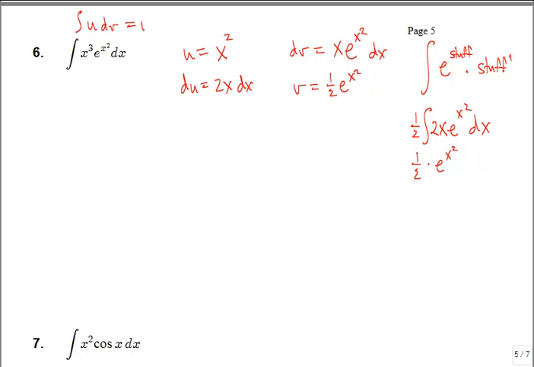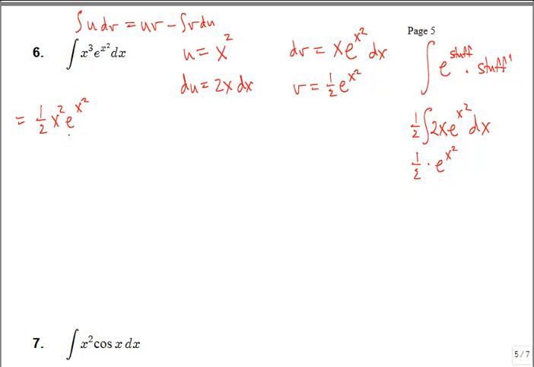So our formula is u times v minus the integral of v du. So u times v is x squared times 1/2 e to the x squared. Let me put the 1/2 in front, and then I have that x squared e to the x squared.